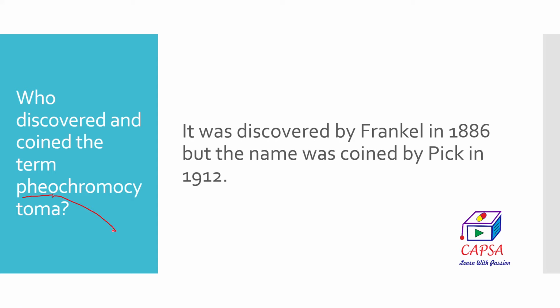Pheo means dusky or dark. Chromo means the color, and cytoma means tumor cells. So, pheochromocytoma means the dusky colored tumor cells.